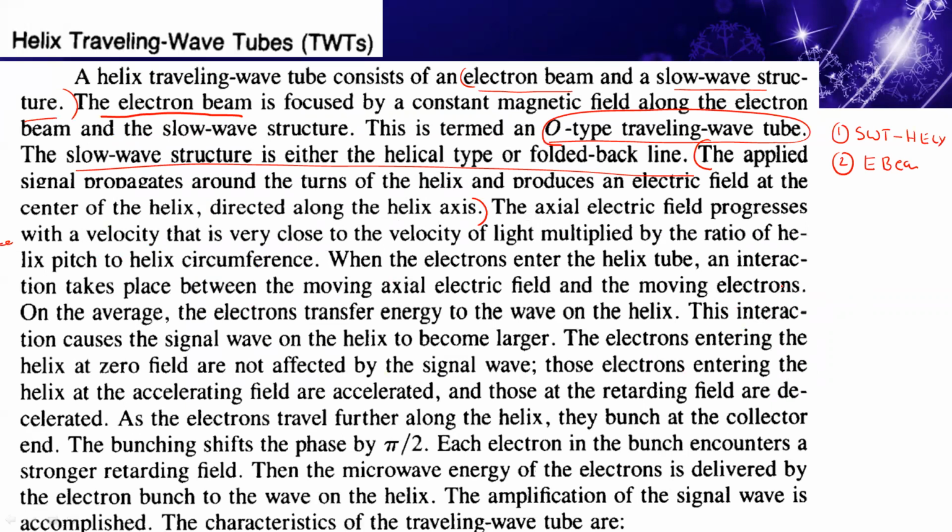This type of electrical field associated with the helix is called the axial electric field. Up to our previous topics, we are familiar with the magnetic field and electrical field. But here is a new electrical field, termed the axial electrical field. From where is this axial electrical field obtained?